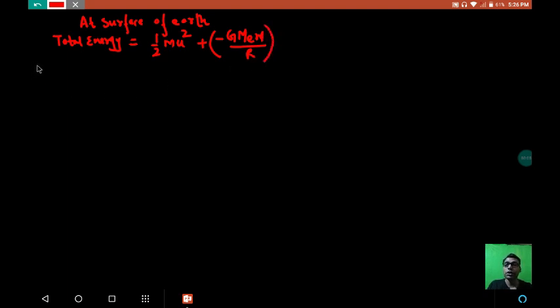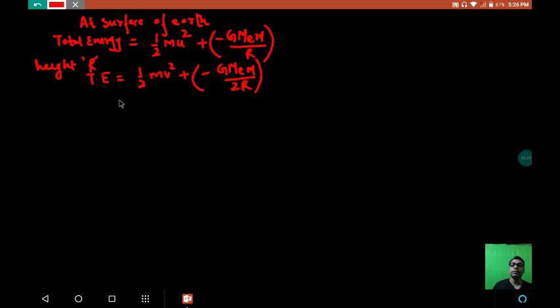As it reaches the height r, the total energy will be half m v square plus, negative of this, g m e m over 2r. So this is the total energy of the satellite.